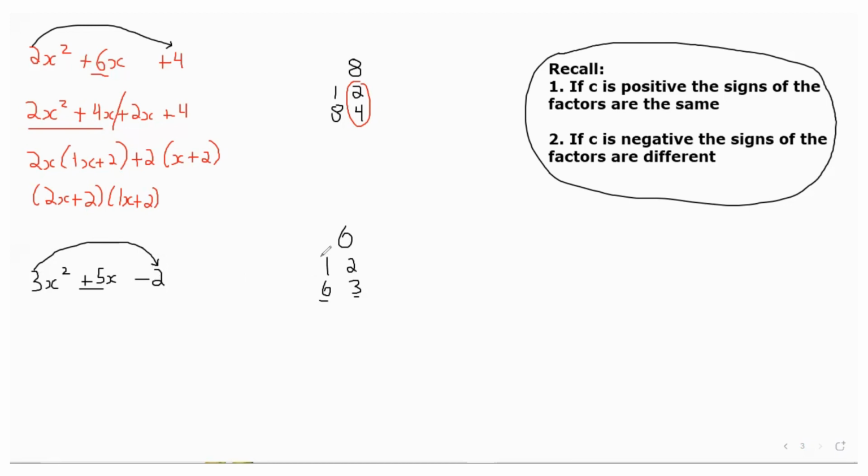So to obtain my 5, I'll use this one. So it'll be 6 subtract 1. The signs are different, and I obtain my 5. So that's the game. So we write B using the factors that we obtained. So 3x squared plus 6x minus 1x minus 2. So we half it.